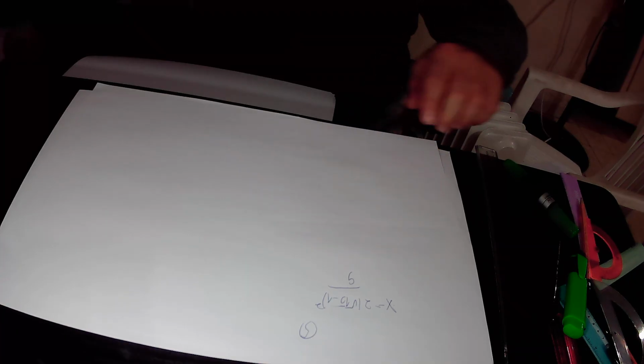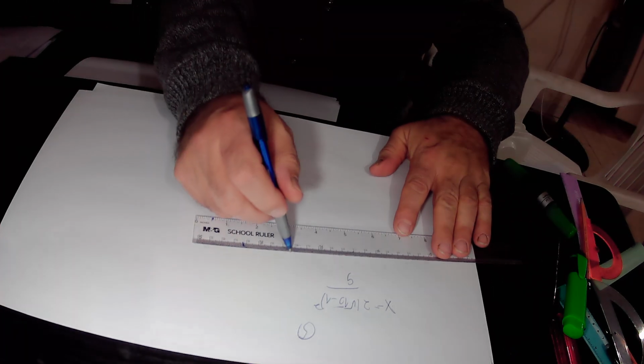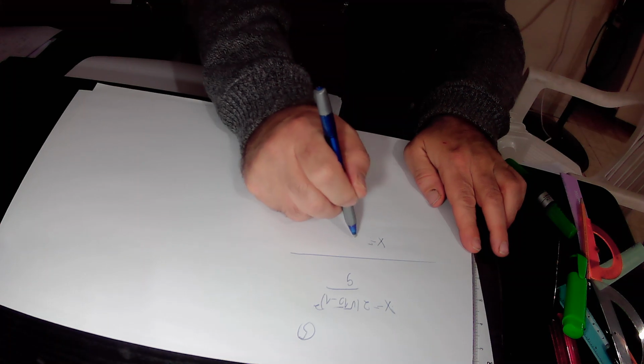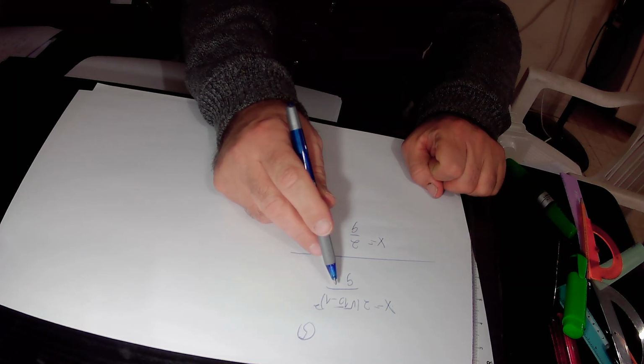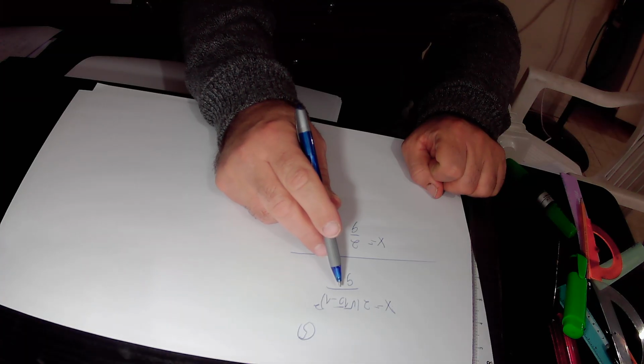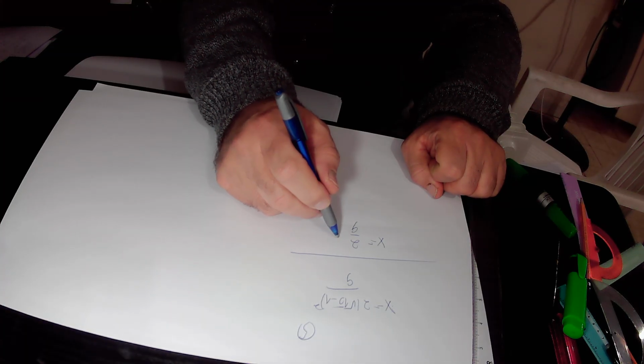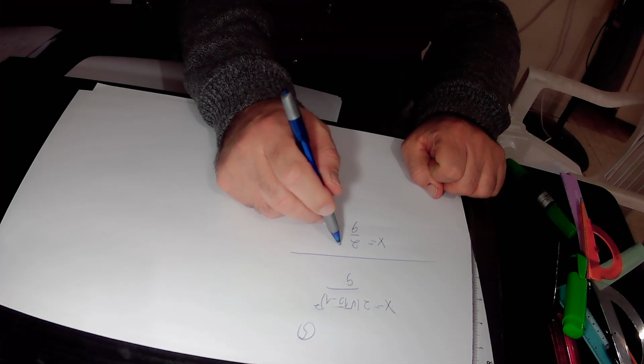So we open the brackets here and we get that x equals to 2 over 9. Here we have root of 10 minus 1 squared.